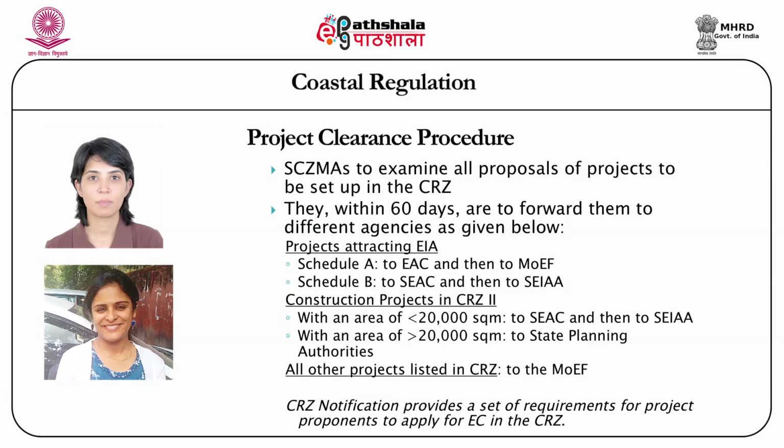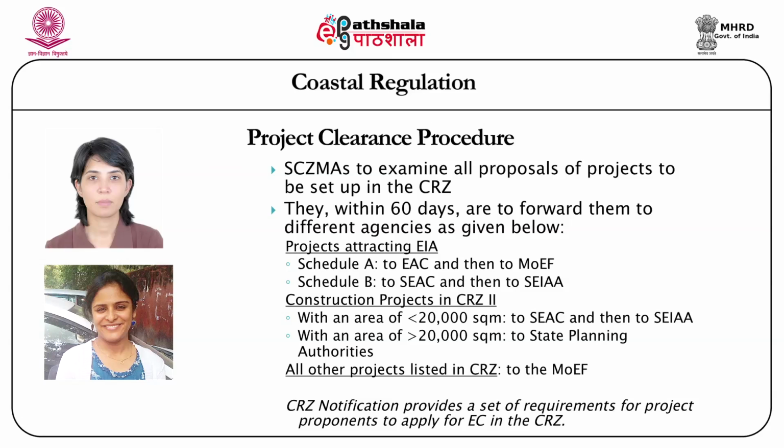Construction projects to be set up in the CRZ2 zone with an area of less than 20,000 square meters are to be forwarded to the SEAC and then to SEIAA. And the construction projects to be set up in CRZ2 which are of an area of more than 20,000 square meters are to be forwarded to the state planning authorities.